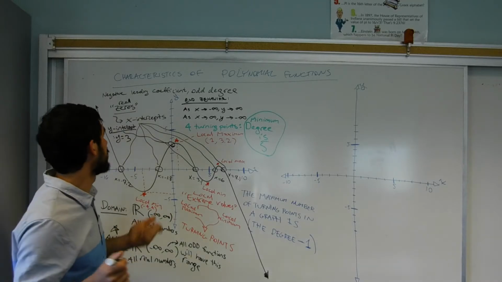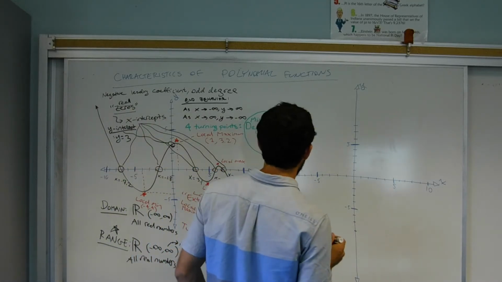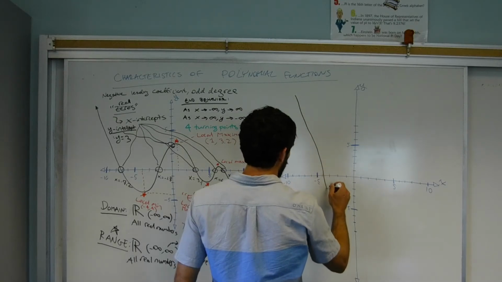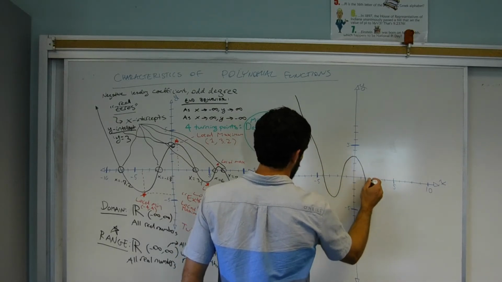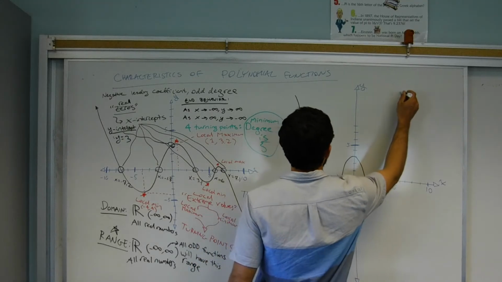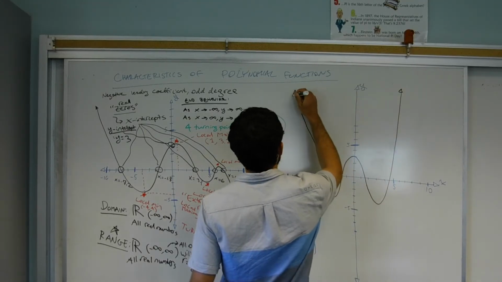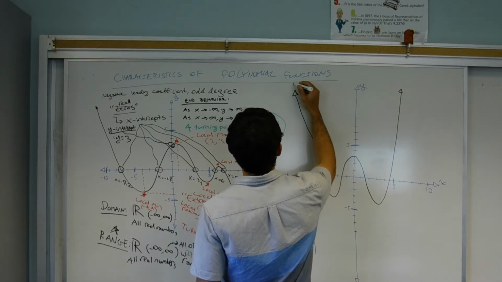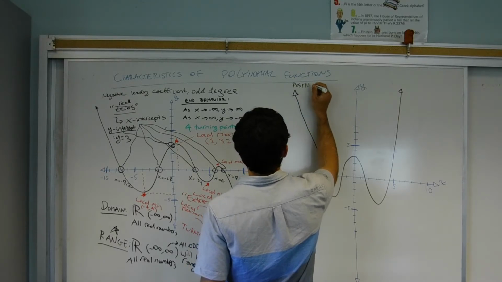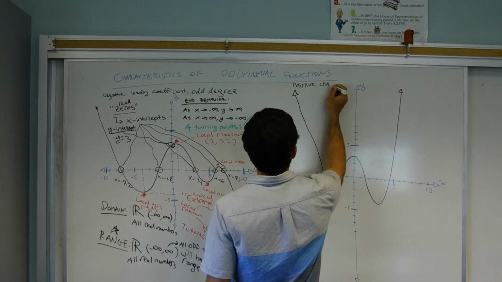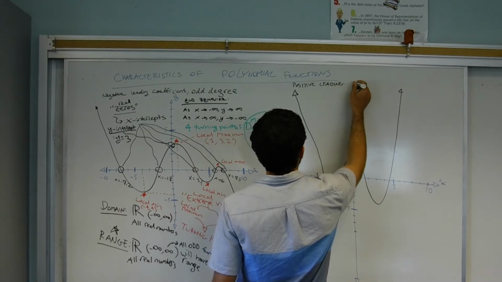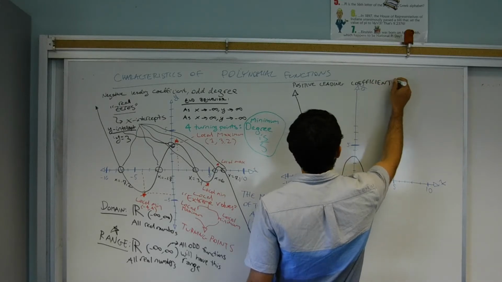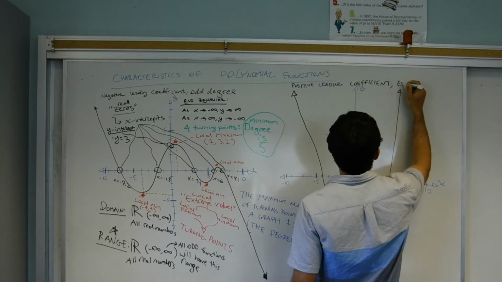Let's do another one with an even degree. So let's look at a function that, say, looks like this. So this function has a positive leading coefficient and an even degree.